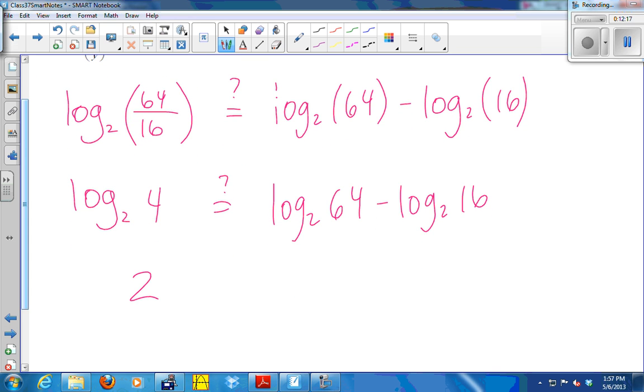And log base 2 of 64, what should we raise 2 to make a 64? 6. And the log base 2 of 16? 4. 2 equals 6 minus 4? Yes. So it holds in general for any log of a quotient. You can take 2 separate logs and subtract them.